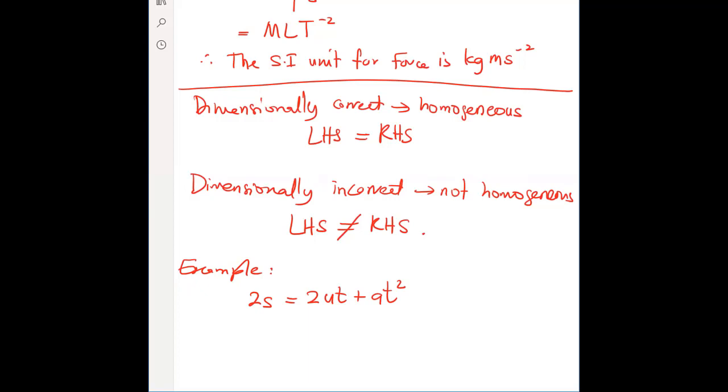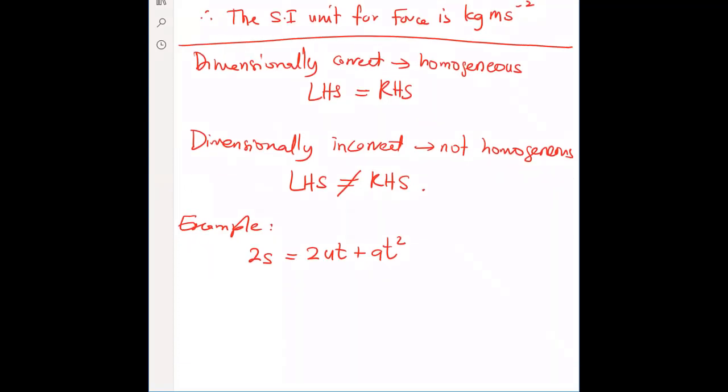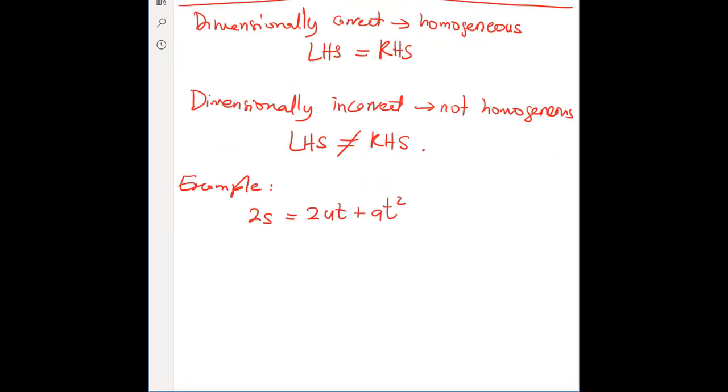We want to check whether this expression is dimensionally correct or not, meaning we want to determine whether it is homogeneous or not homogeneous. You can find it one by one, or do it side by side, but I prefer to do it one by one so that it is clear.